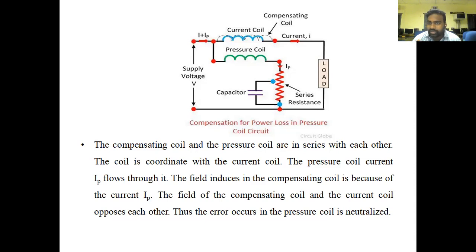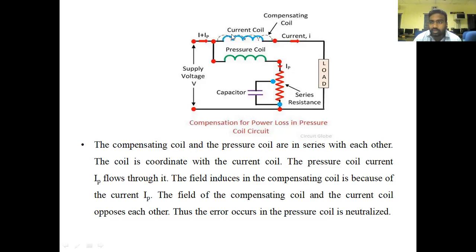In the compensating coil mechanism, we can limit the amount of current flowing, and additionally we can also limit the behavior of existing fields. There is a magnetic field created by the current coil and a magnetic field created by the pressure coil.